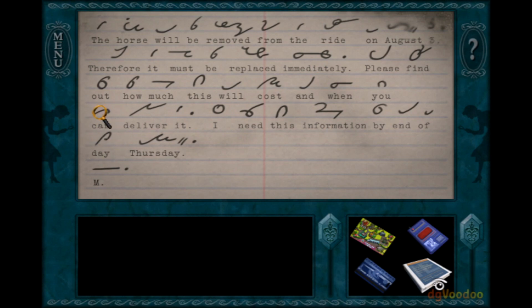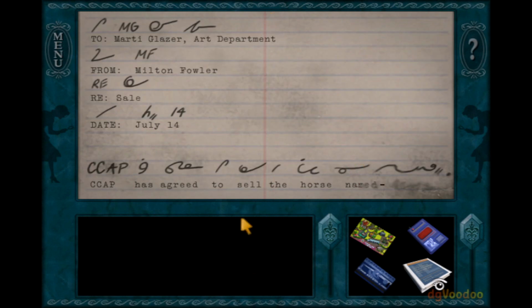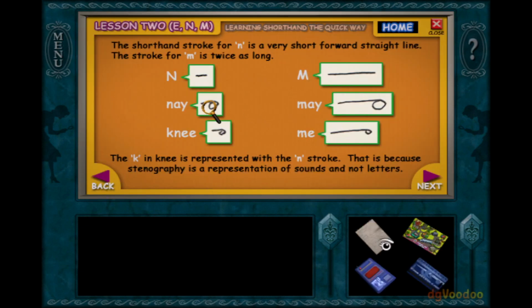Can is like that. I guess if I had to, I could probably find stuff in there that'd help me translate this. But I guess I'm supposed to use these lessons for that.